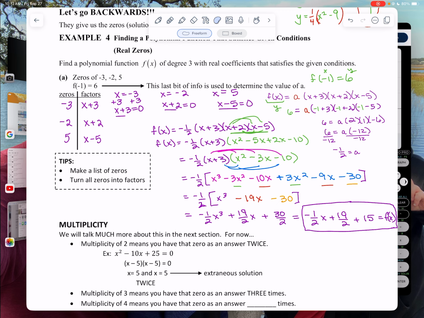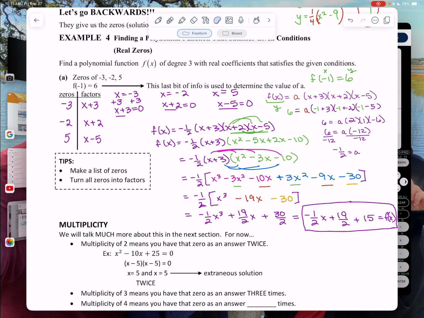So basically, I am changing the sign and putting a 2 on the bottom. So that's how I distributed that. So don't let fractions freak you out. Just put the 2 on the bottom. Now once I did that, this I can't simplify. This I can't simplify. But 30 halves, that's going to be 15. So now my f of x is equal to this big long thing.